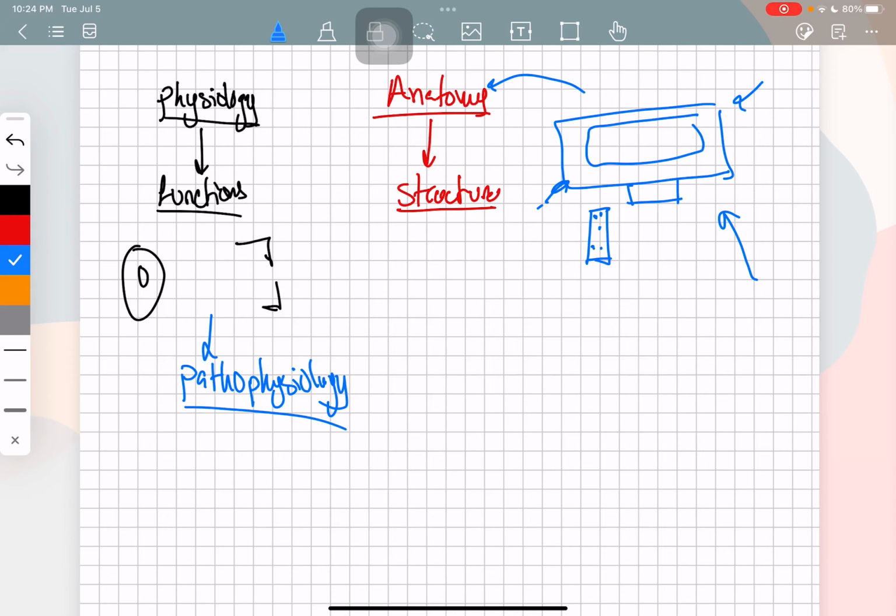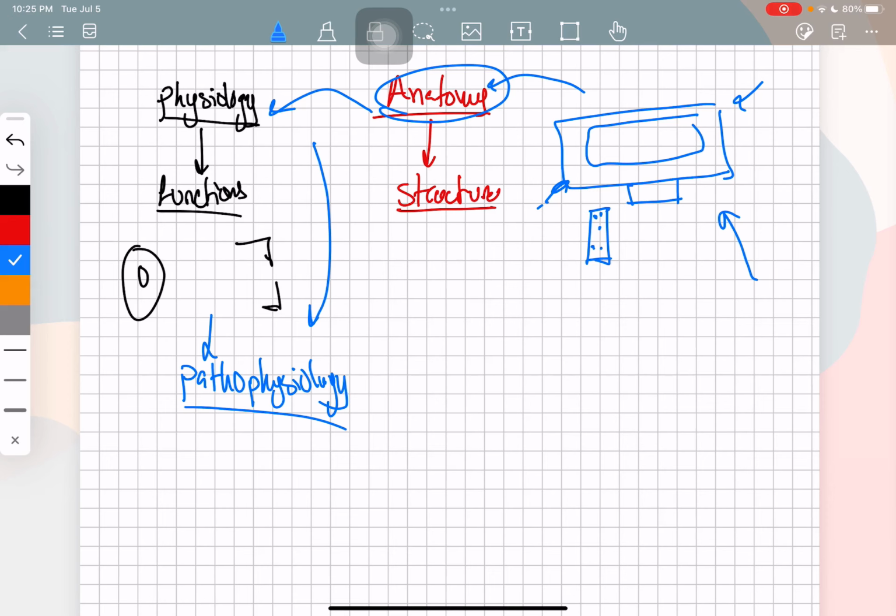So first we study anatomy, then we move on to physiology, and then we could get into multiple disciplines such as pathophysiology.